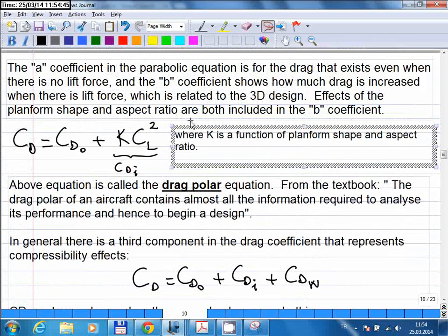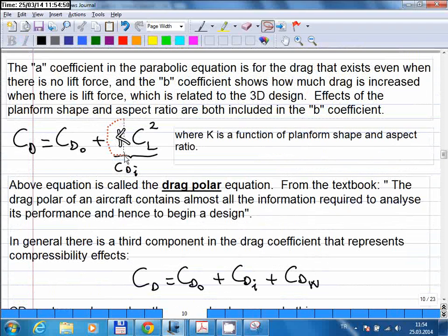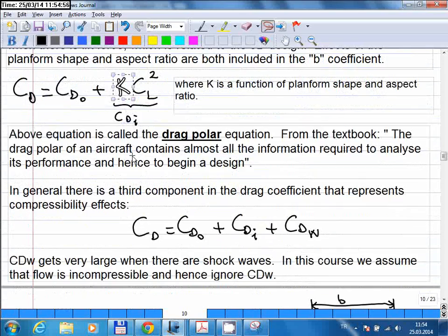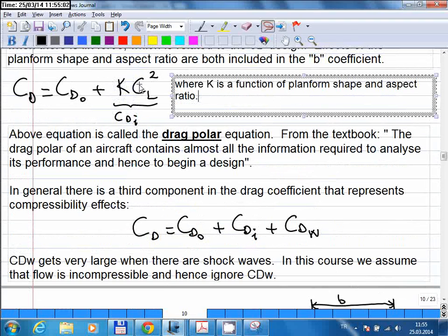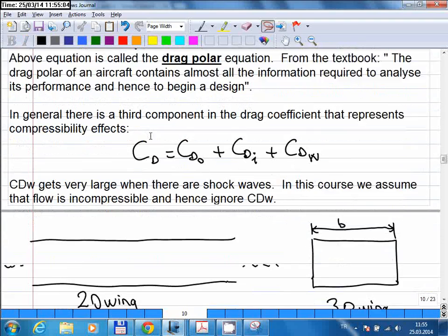Okay, so I said that the shape of the planform and the aspect ratio of the wing, everything is included into this parameter. Now let me talk about how the effect of these things can be added into this K parameter.